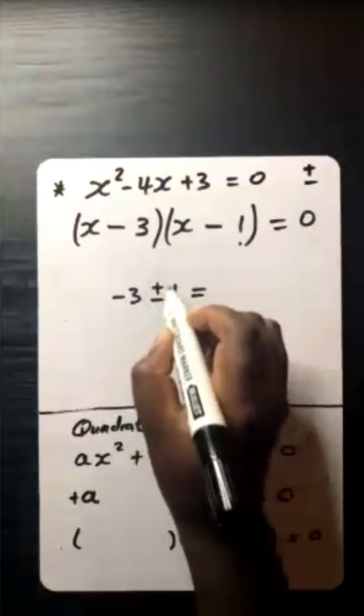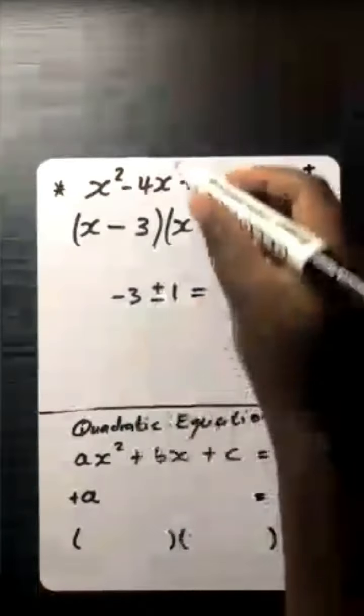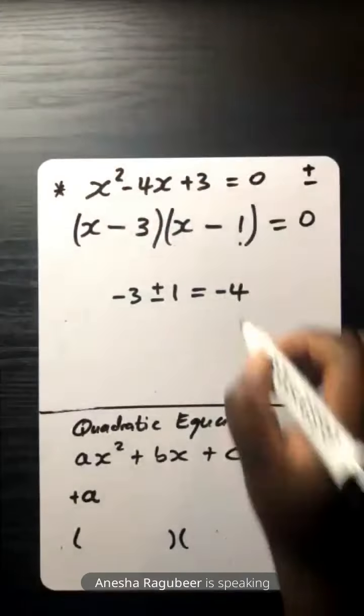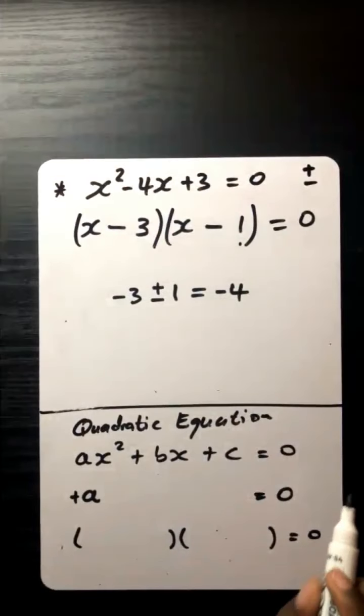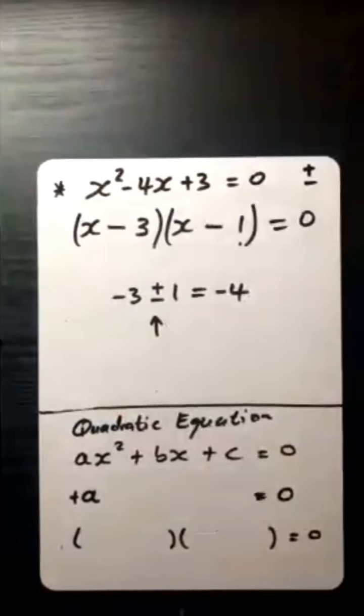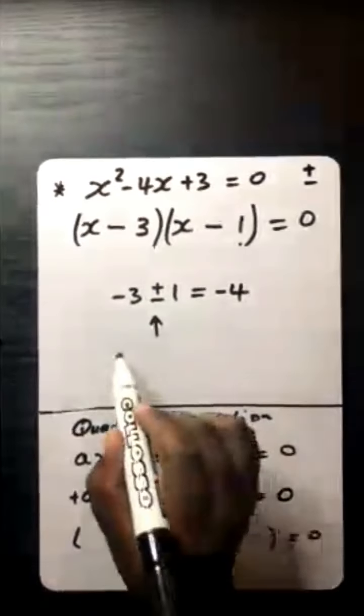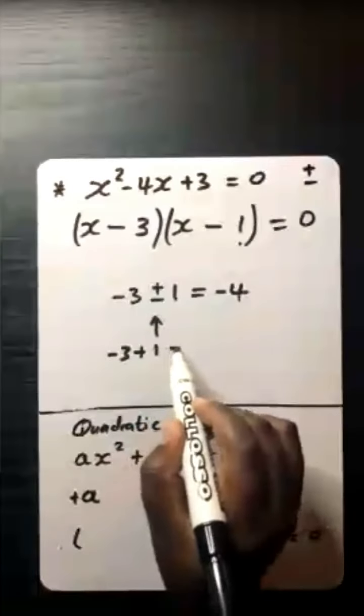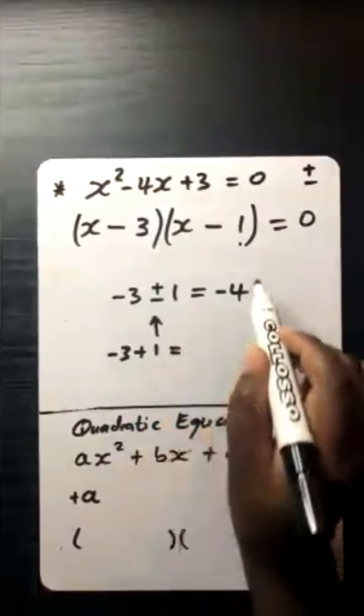So whatever sign it is, it has to give you that middle term, which is -4, Shreyas. So choose between these two. If you choose, you are going to say -3. You can test with +1 and see if it gives you -4.